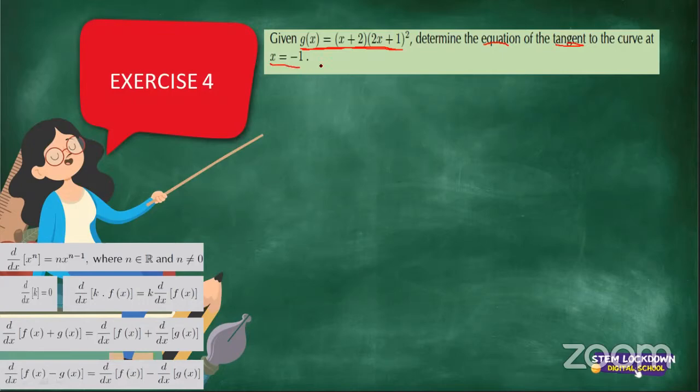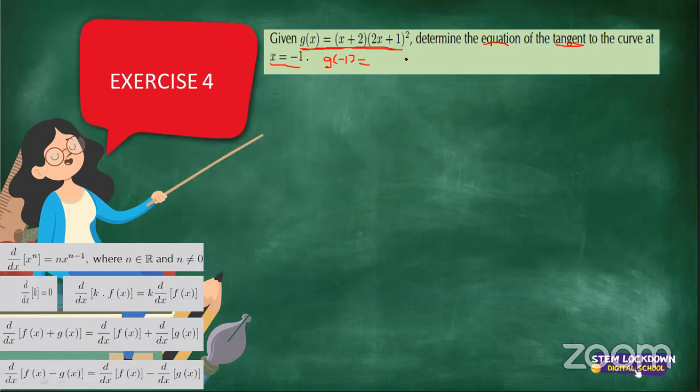So if we want to know the value of y at this point, we're going to find g of -1 equals to. So we will substitute -1 into this.